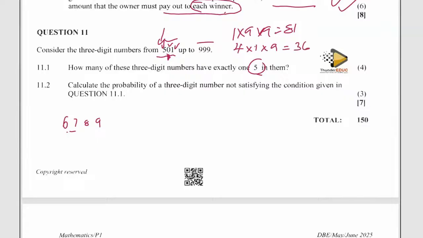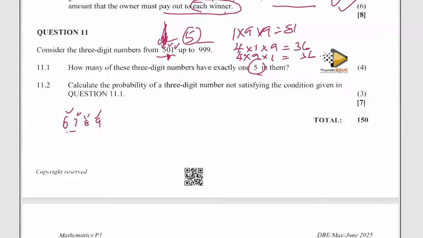So this gives us 36. Then what if the last digit is a 5? It's fixed as a 5. For the first digit, remember numbers between 501 and upwards, so still 6, 7, 8, and then 9. So those are 4 times 9 numbers, and then times 1, which is 36.